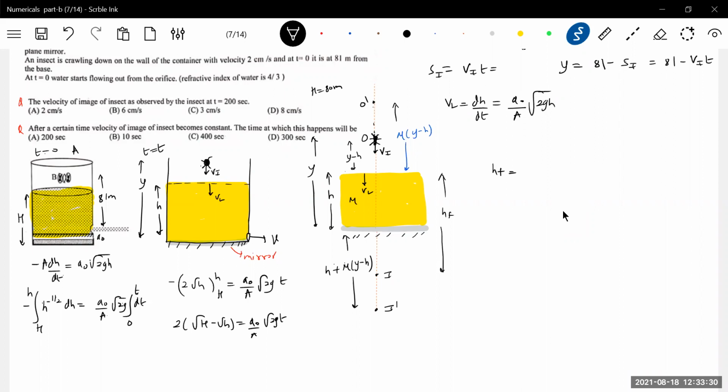HF should be equal to, only HF will calculate first, will be H plus, so for the image it will appear at a distance of the velocity of this one, no? Y minus h plus HF.